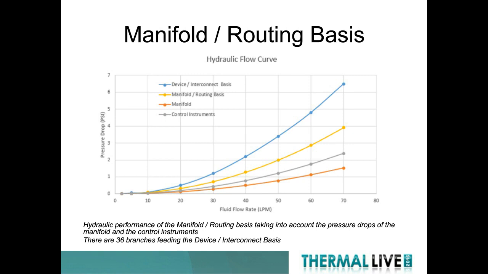That's essentially the flow that's going into each one of those device bases. And again, because this flow is parallel, that becomes the pressure drop that my system sees. So what we're looking at is the pressure drop of that device interconnect basis, in this case, based on the 36 branches, is actually greater than the manifold itself.